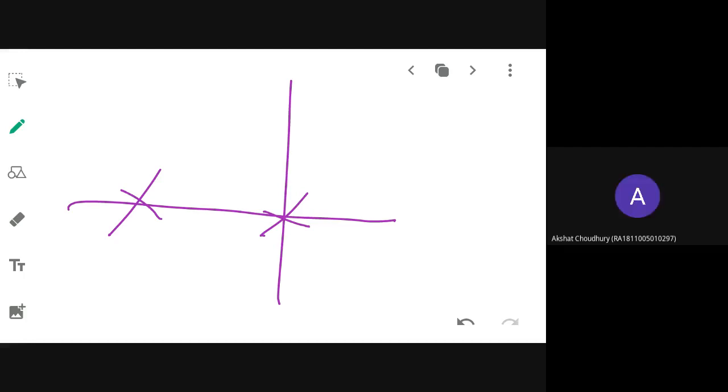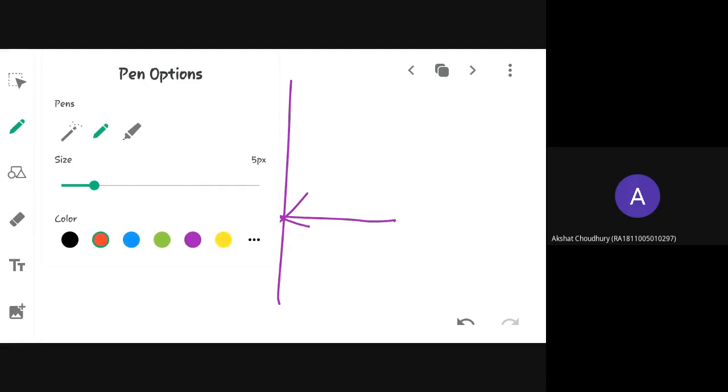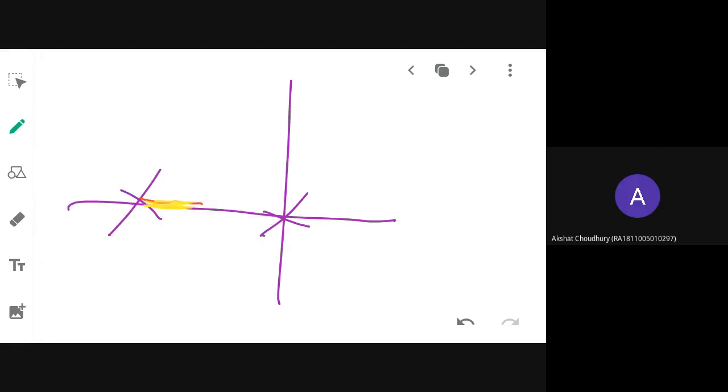Break-in point means, if you are having a pole here and also a pole here, then these two are starting points. So one branch will start over here and it will break away.